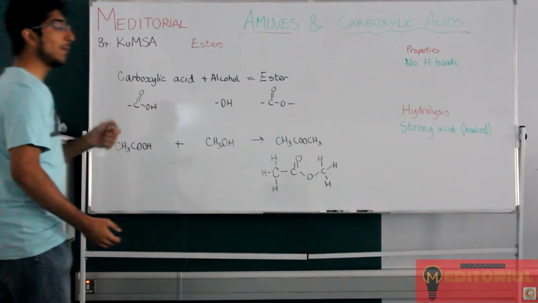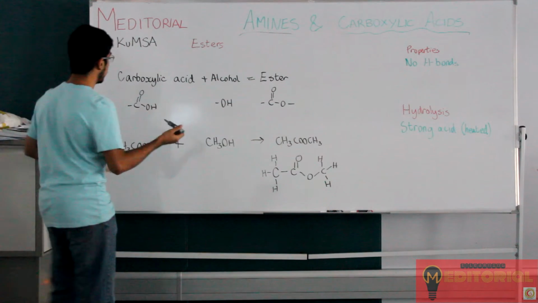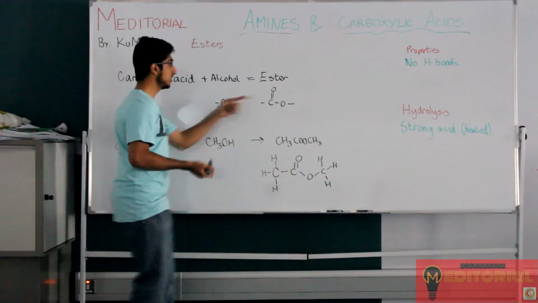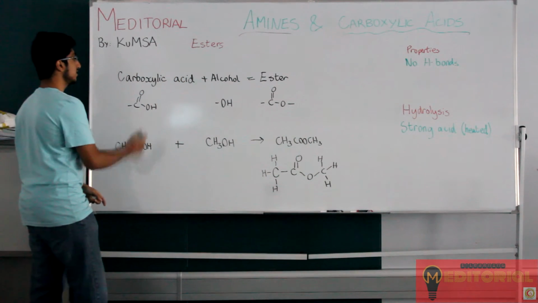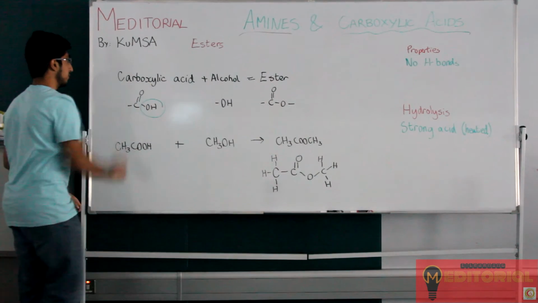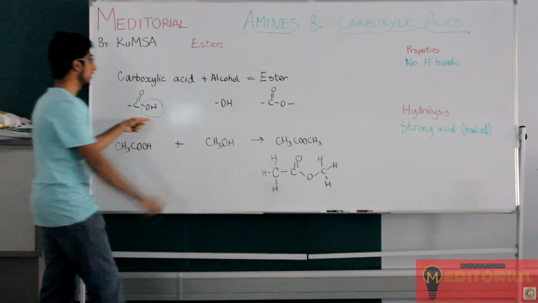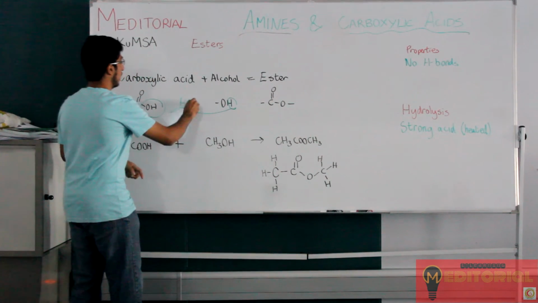So this is just a normal reaction rather than an acid-base reaction. So carboxylic acids are COOH, alcohols are OH, esters are COO, and that's it. What actually happens is this OH from the carboxylic acid, not the H like a normal acid, the OH from here and the H from here join together to give a water molecule.